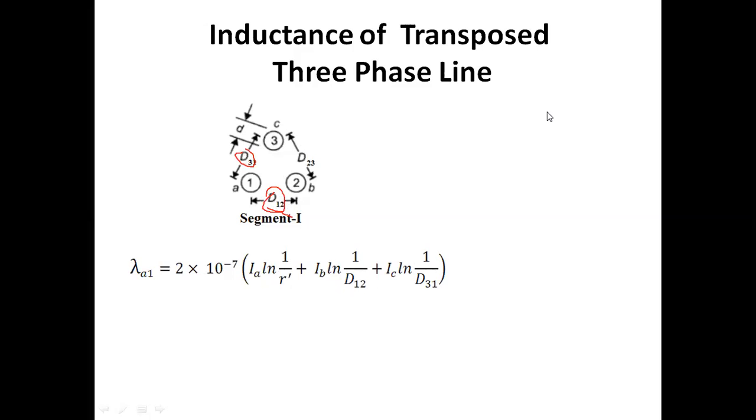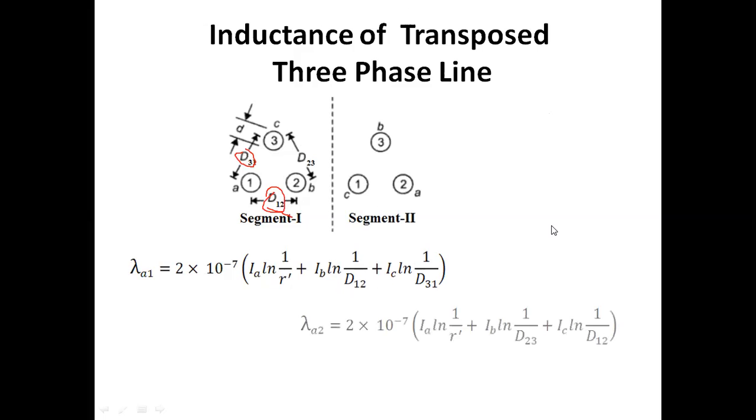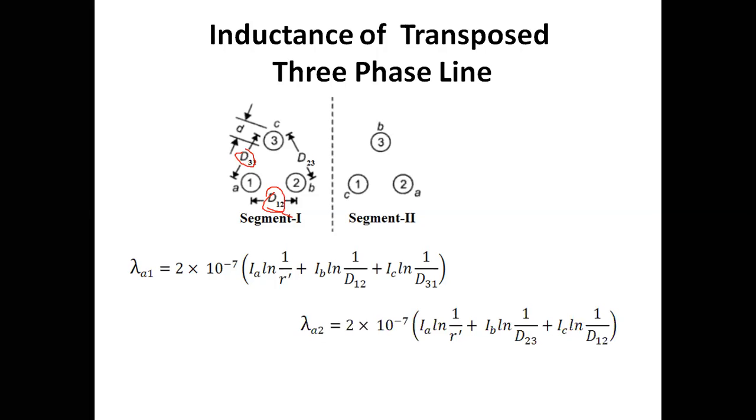For segment 2, now A conductor comes to position number 2. Then what will be the flux linkages? Lambda A2 equals 2 into 10 to the power minus 7 IA ln 1 by R dash. This part remains the same, but the next part will change, that is IB. Now the distance changes from D12.